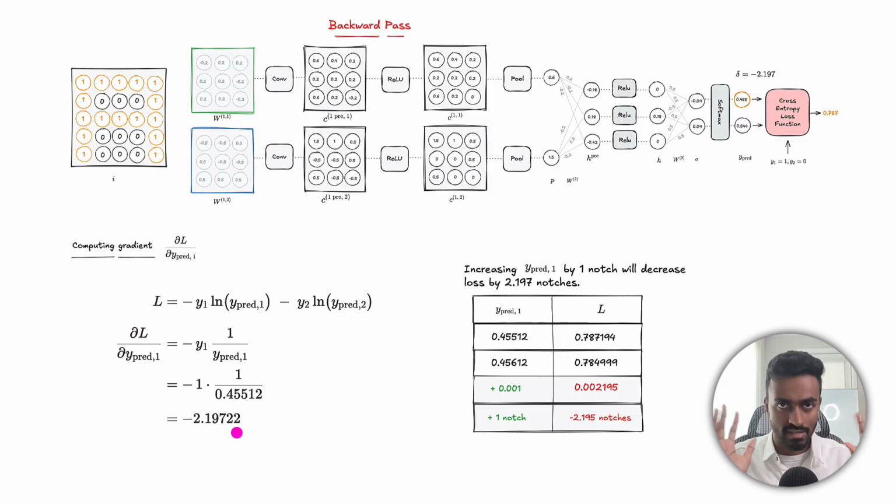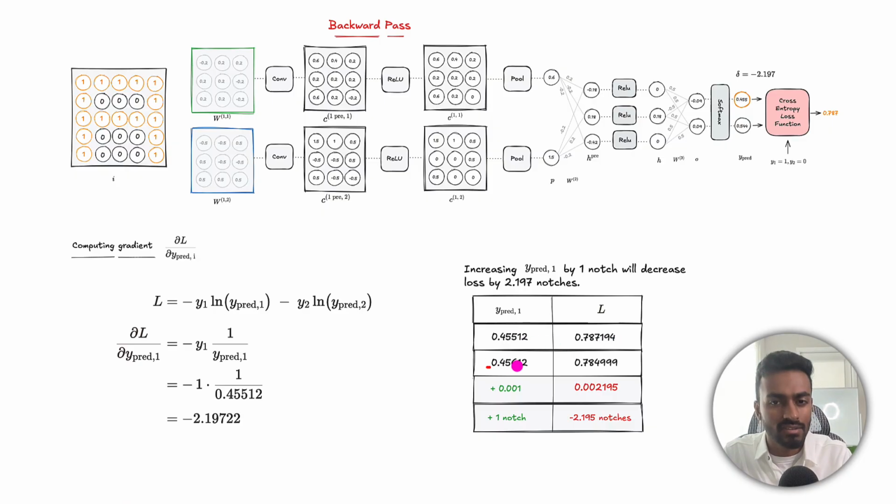So in English, what this abstract math is saying is that if you increase or nudge this y pred parameter by a very small value, like 1 notch, then it will decrease the loss by 2.197 notches. And you can verify that by taking some values and actually changing them. For example, with the current set of values, this is the current prediction, and we get the current loss that we just computed, 0.787194.